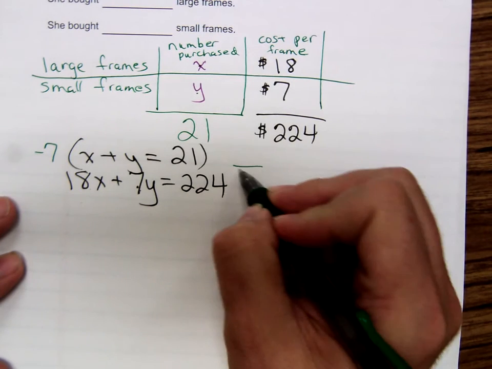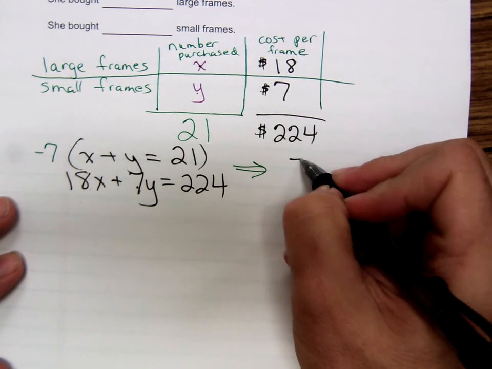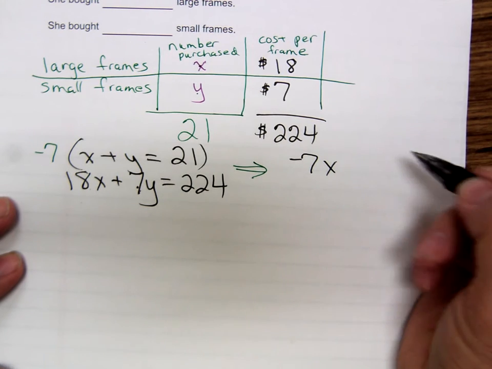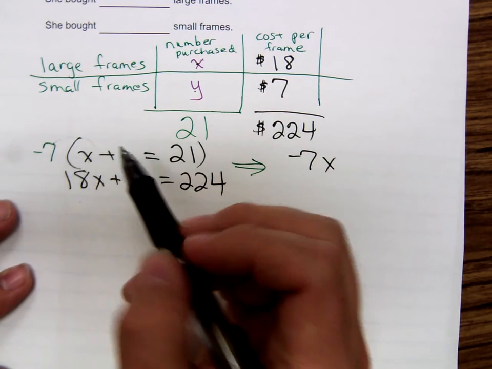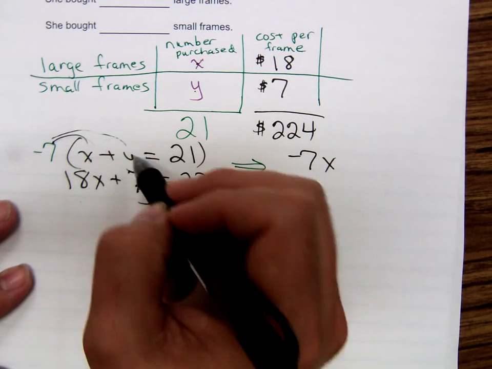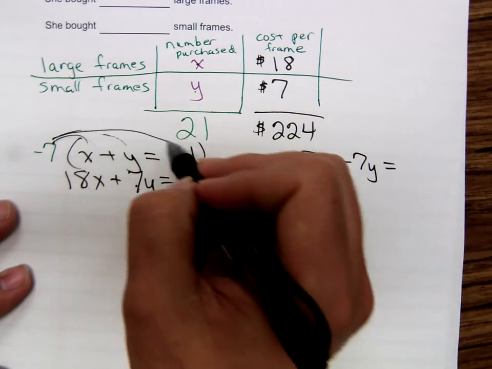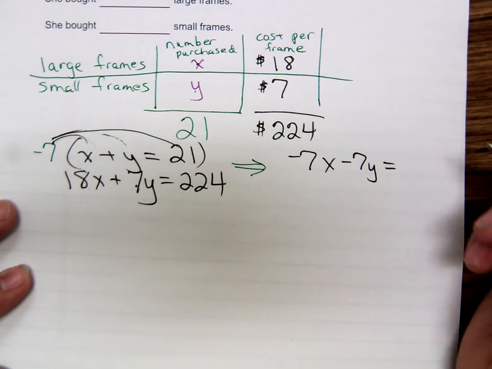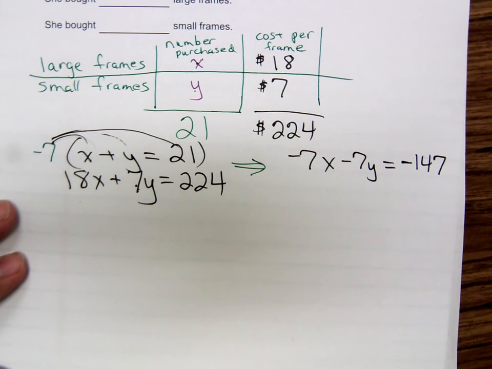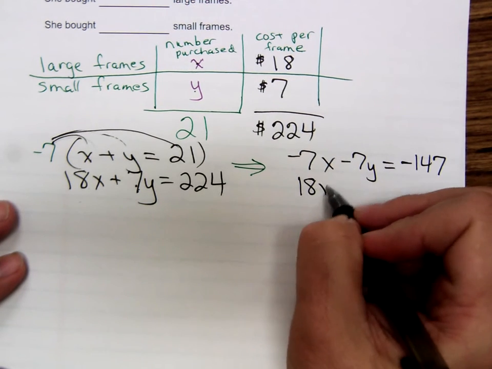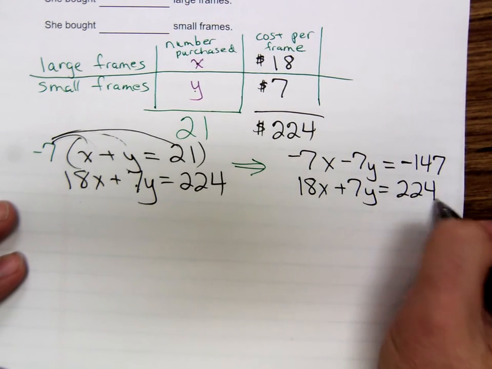That's going to give me, the first equation's going to become a negative 7x. What else? Negative 7y. Okay, equals negative 7 times 21. Is that negative 147? We still have that bottom equation, 18x plus 7y equals 224.